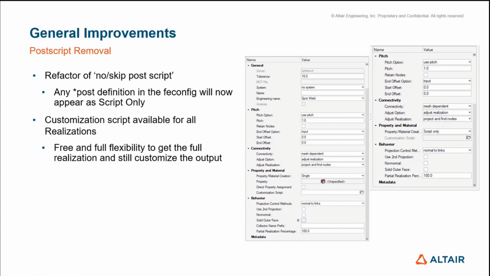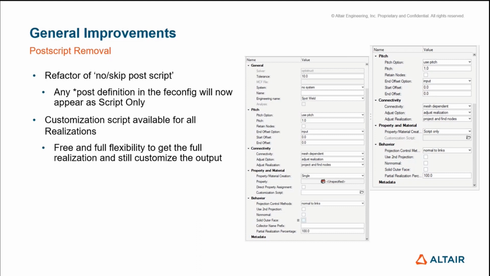What this can mean is for things like SymQuad LTB or other different realization types, if you want to add a pretension, if you want to create sets for your heat affected materials, or anything you want to do from a customization point of view that might not necessarily want to go through core, but might want to be something that your customer is explicitly asking for, the customization script allows you to get a full and complete realization, including things like contacts, including all of the other things that you would normally and ordinarily get out of the connector realization. You can now get that without having to script the whole thing.